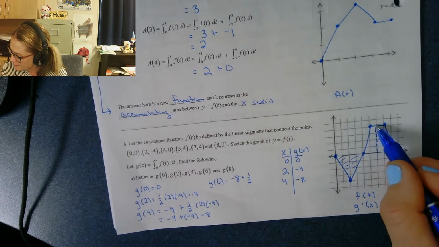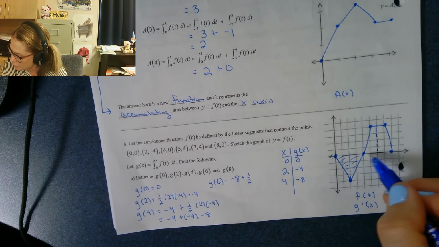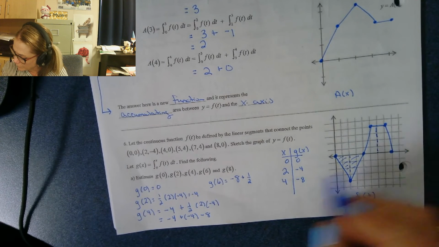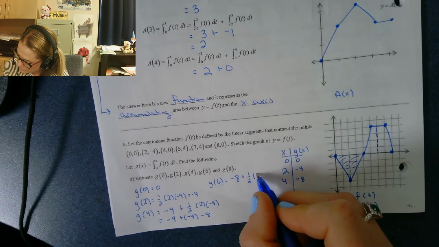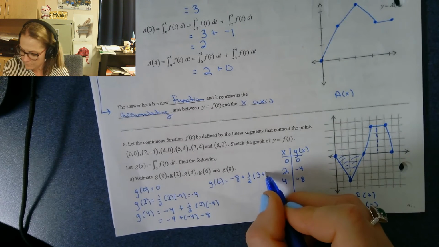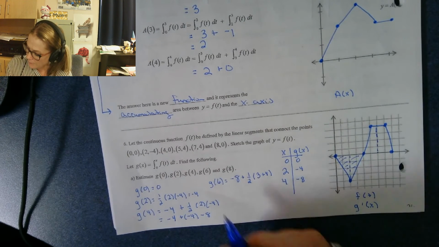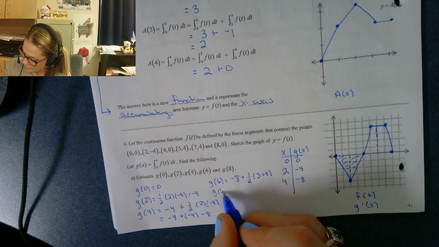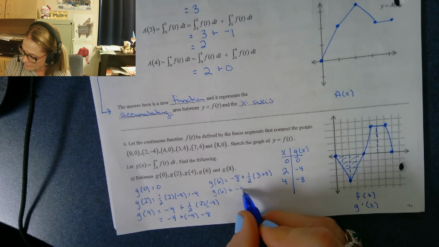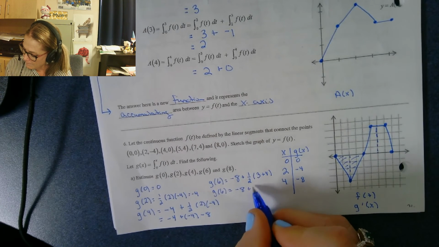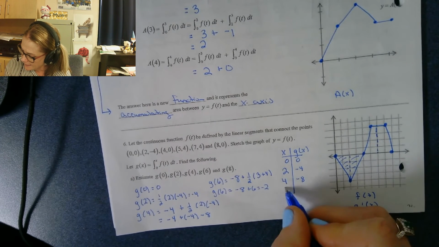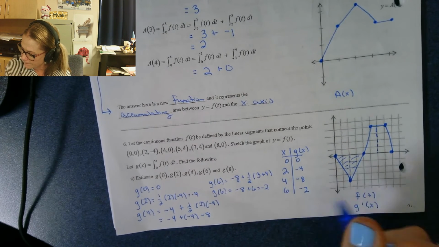So 1/2, base 1 is 1, base 2 is 2, that's 3, and 1, 2, 3, 4. All right, so G of 6 then, just point plotting here, this is just calculus point plotting, is negative 2. So at 6, I'm at negative 2.